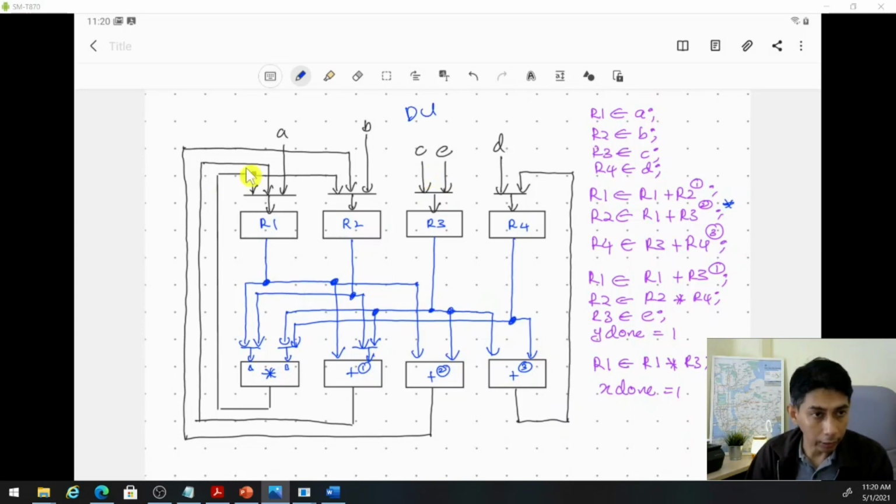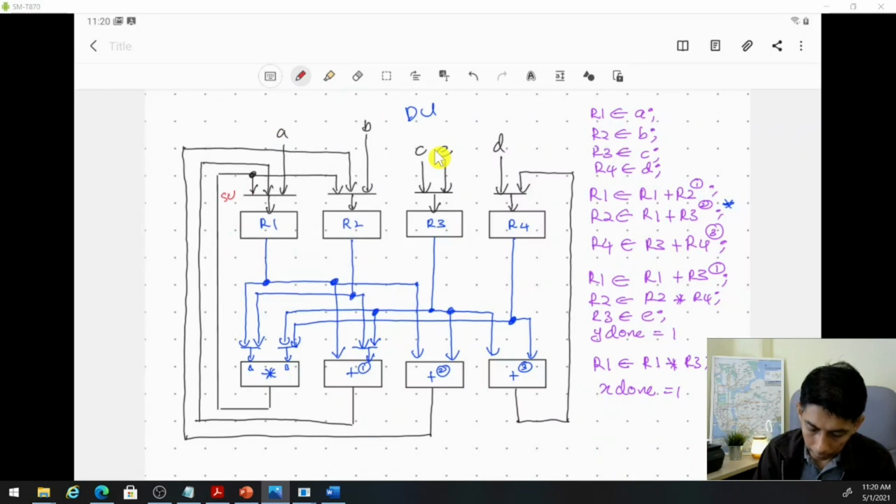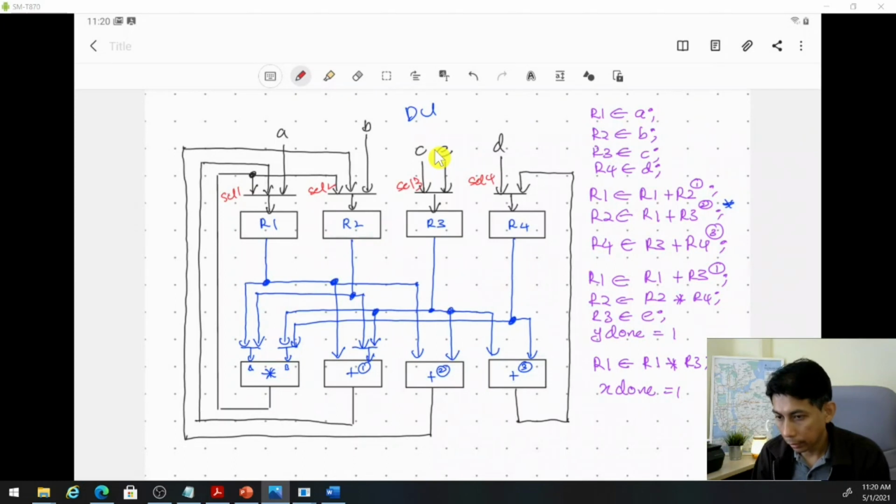So let's name this SEL1, this is SEL2, this is SEL3, this is SEL4, and for the registers, you need to have the load signals, so LD1, LD2, LD3, LD4, for the load signal.